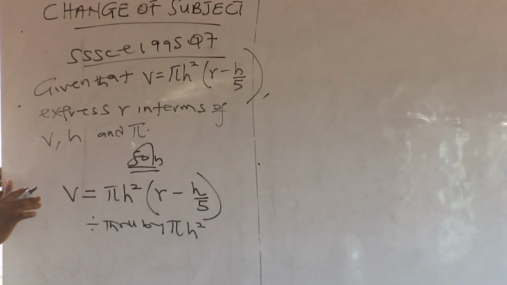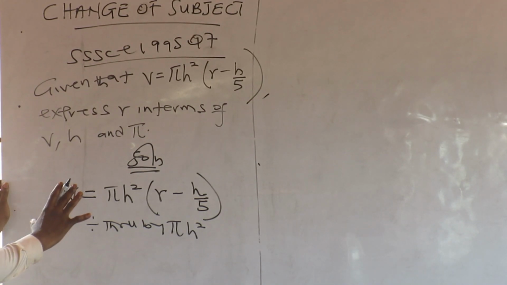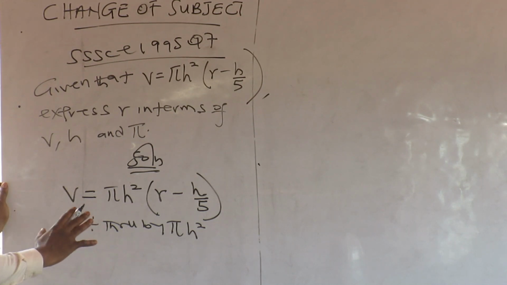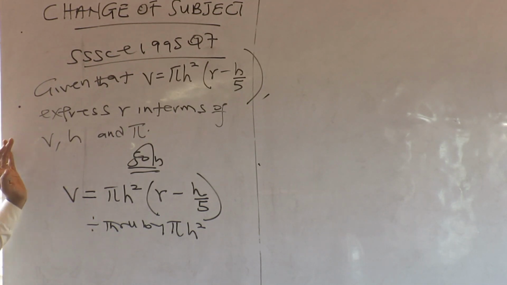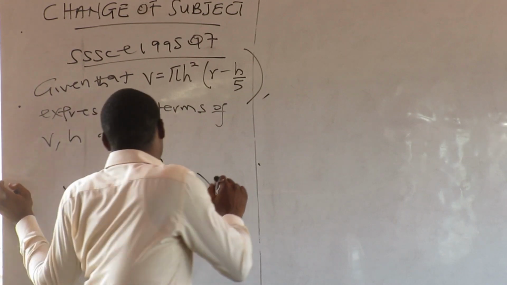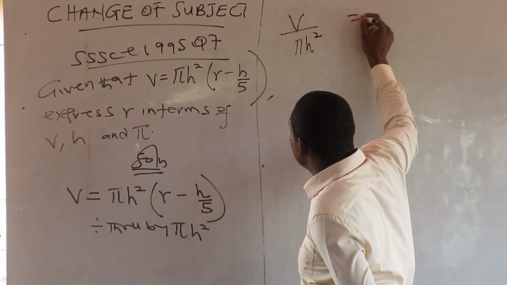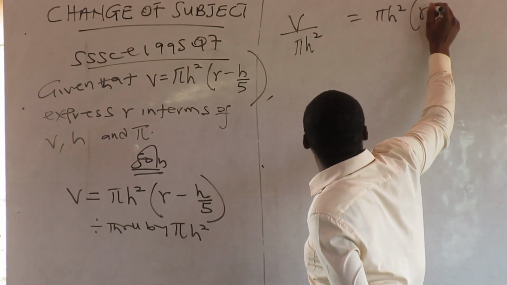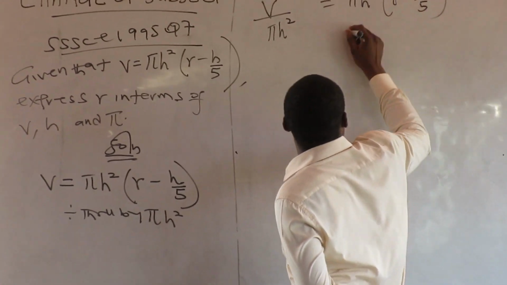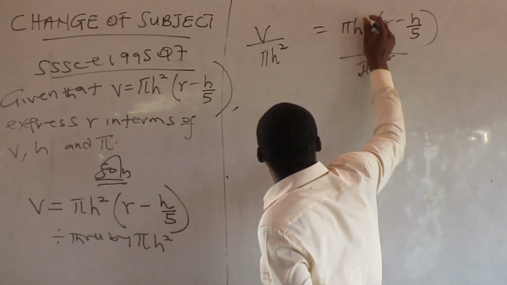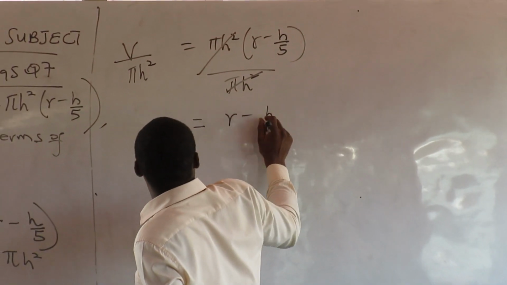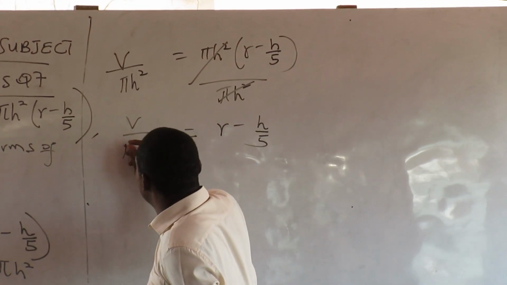Or in fact, what I'm doing is just to make r stand alone. That's the trick. So whatever you do to this equation to make r stand alone is what we are looking for. Okay. So I have V over pi a squared equals pi a squared times r minus h over 5, all over pi a squared. R minus h over 5 equals V over pi a squared.